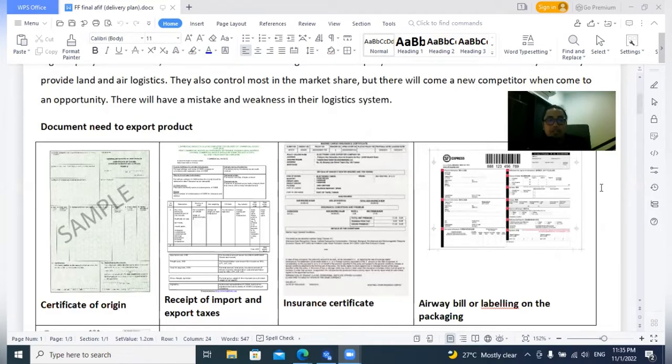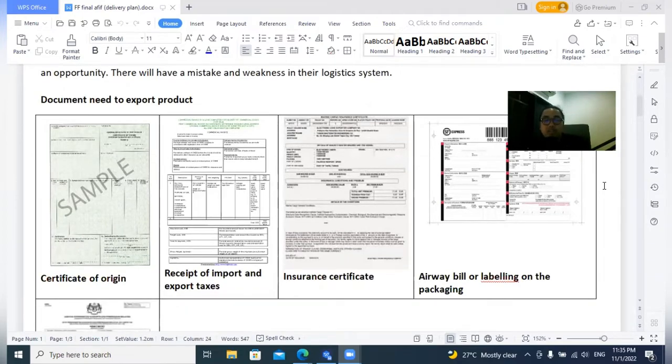Then the receipt of import and export tax, and also the insurance certificate, to ensure the product that we export always has insurance cover to decrease losses or overcome any problems in the future.